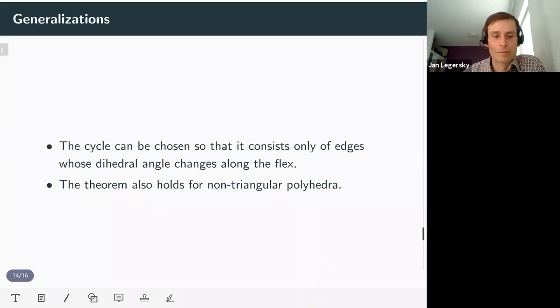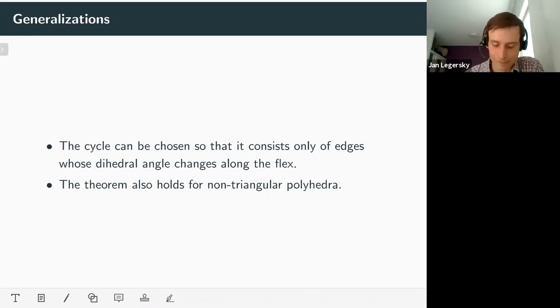So it's also possible to generalize a bit. In the theorem, as I stated before, we had that we get an induced cycle that gives 0 sum. We can tweak the proof or do some extra work so that the cycle actually contains only edges whose dihedral angle also changes along the flex. So it avoids the edges that would stay somehow frozen during the flex.